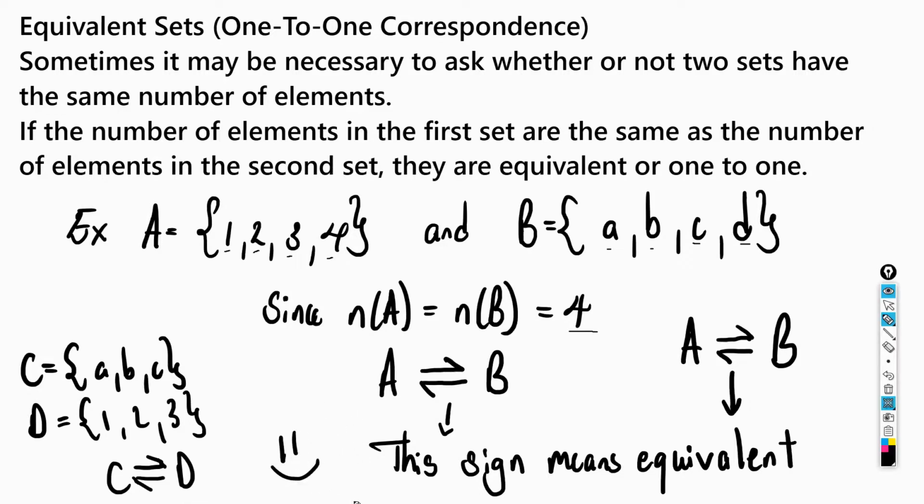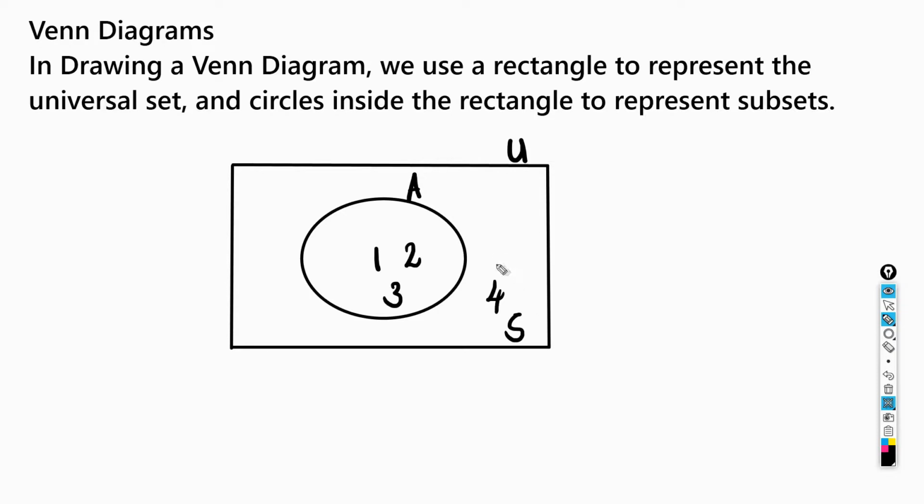We're going to move on to Venn diagrams now. All right, guys, so we're going to be looking at Venn diagrams, and it says, in drawing a Venn diagram, we use a rectangle to represent the universal set and circles inside the rectangle to represent subsets, okay?